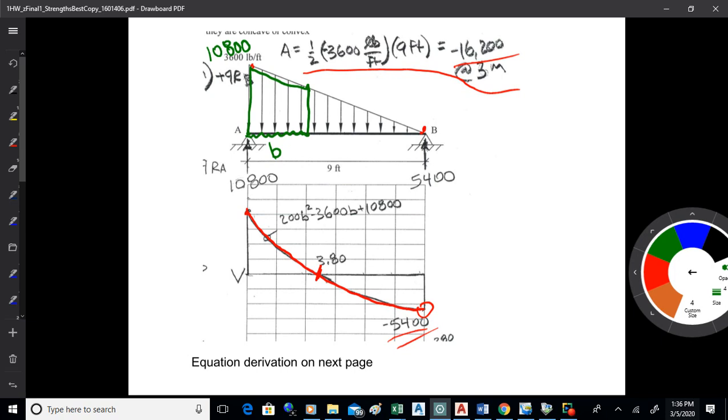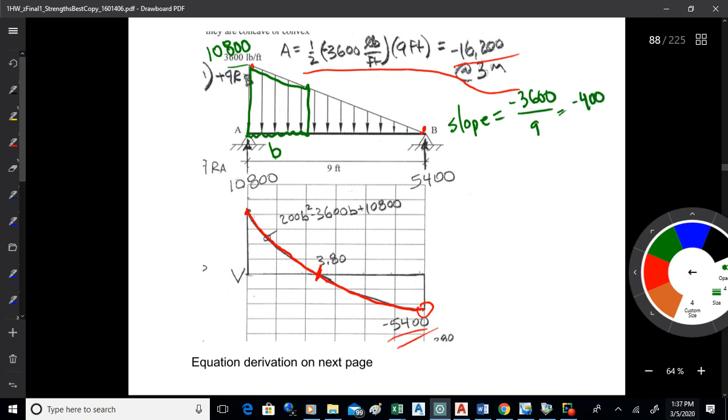We already looked at this when we did the equations. The slope drops, so I'll put a negative in there, 3,600, because I'm going from 3,600 to 0 over a run of 9, so the slope is negative 400.